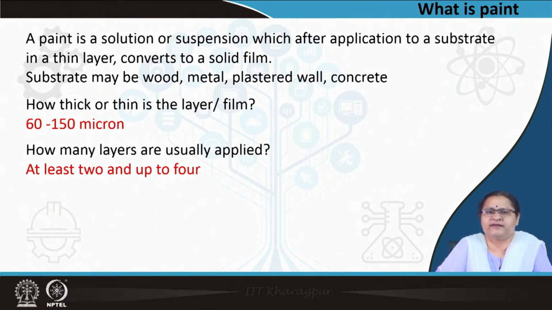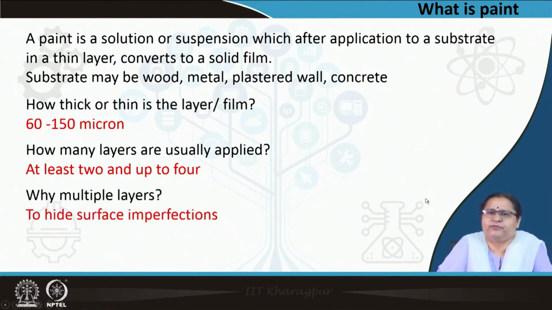Now that also depends on what is the type of substrate. We will elaborate on them gradually as we enter into the topic. Why do we put multiple coats? Because we are trying to hide the material, because you cannot see a painted layer and say what is behind it.